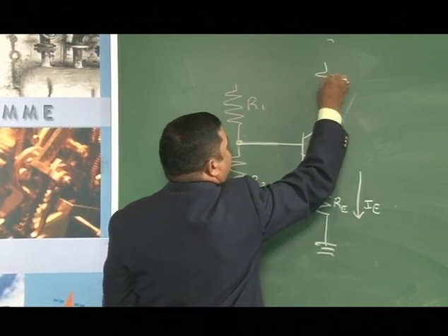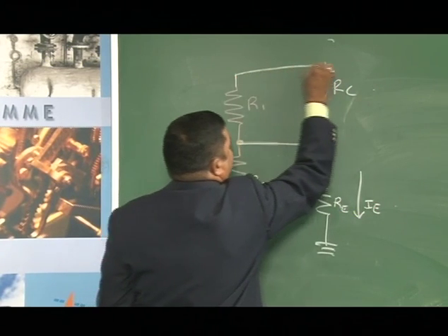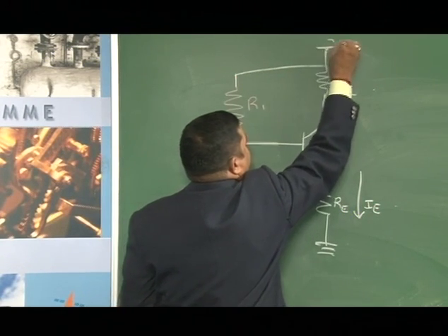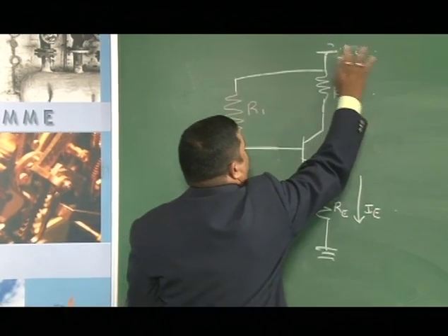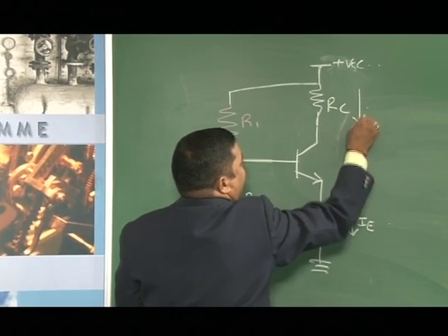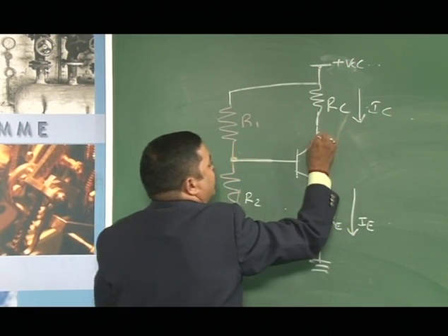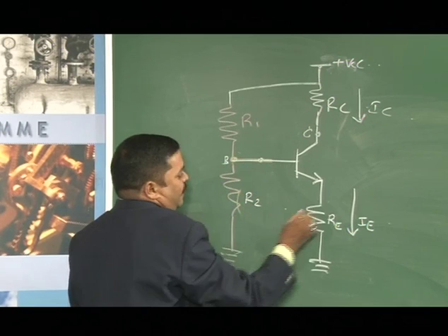Then there is a collector resistor RC. R1 is connected to VCC in this way. This is plus VCC. IC is flowing in this direction, and this is the collector point, this is the base point B, this is the emitter E.